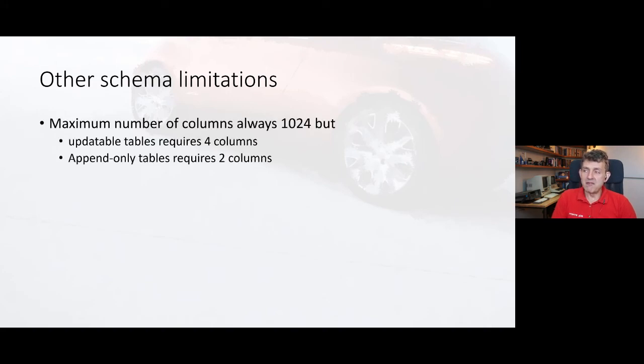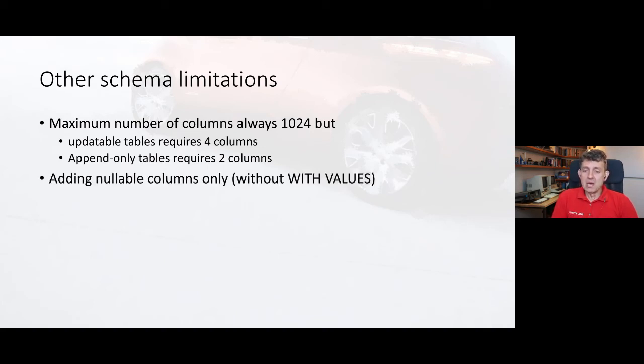Then there are other schema limitations. Some of them, as I said, are tied to temporal tables. The maximum number of columns is always 1024, but remember that updatable ledger tables require 4 columns, so it's 1020, or append-only ledger tables require 2 columns, so 1022.